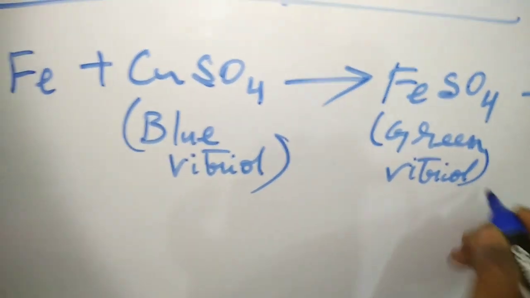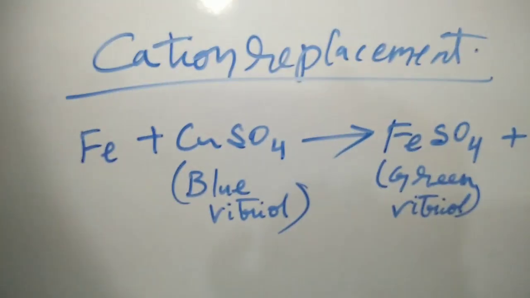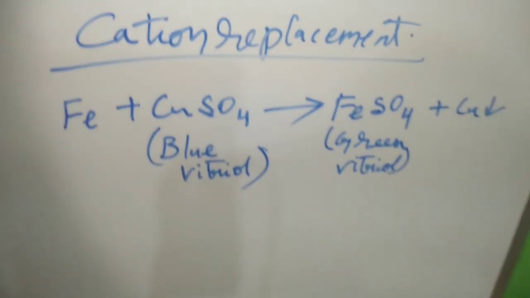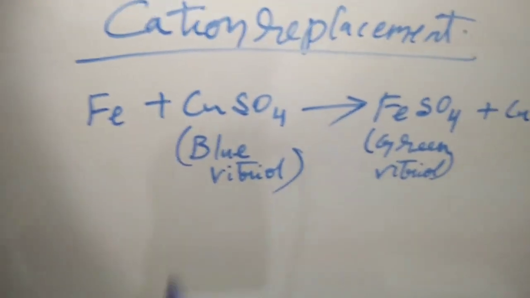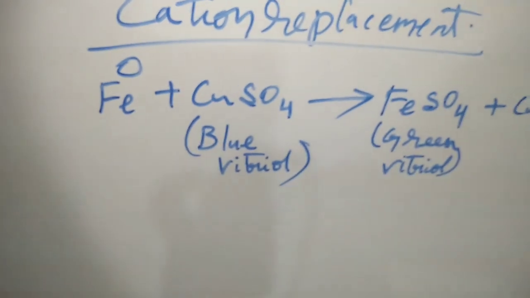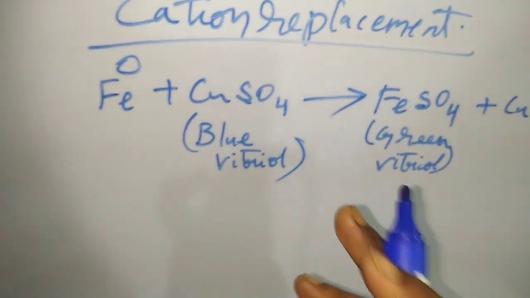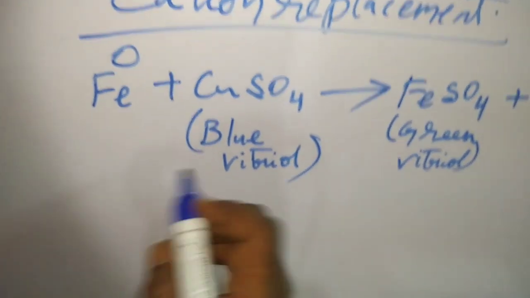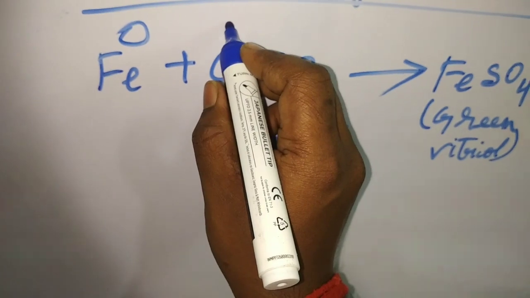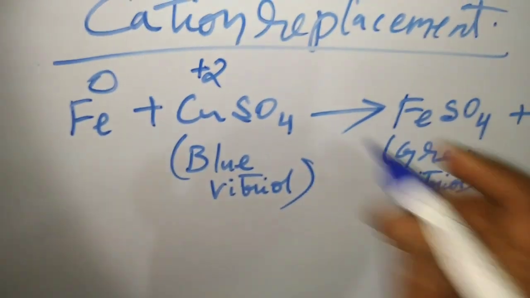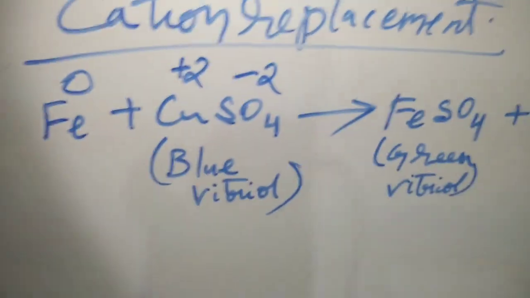Okay students, now how does the cation replacement take place? See, Fe is in the pure form and neutral, so it's 0. No anion or ion is forming. In this copper sulfate, copper is in the state of +2. Yes students, cation +2 and sulfate is -2.